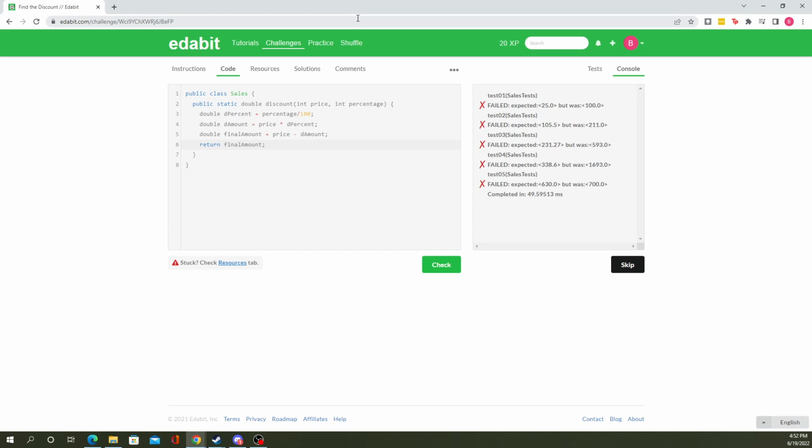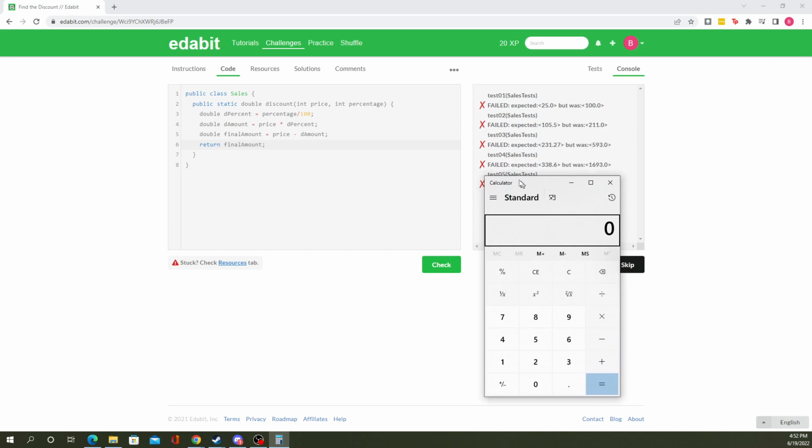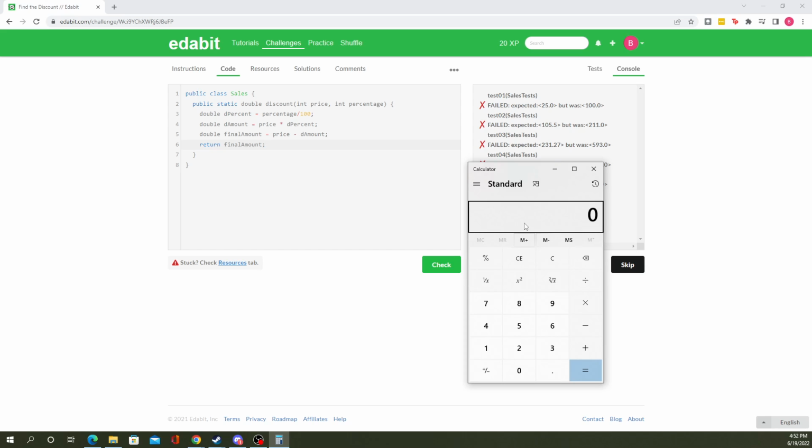Couldn't tell you why, though. Let me feed it into a calculator real quick. We'll do it step by step, just like we're doing on here. Our percentage is 75 as an integer divided by 100, 0.75. That's our D percent times price, which is 100. Now remember the number 75. Take price 100 minus 75, that's 25, and we return 25. Not quite sure where this is getting hung up. Just give me one moment.